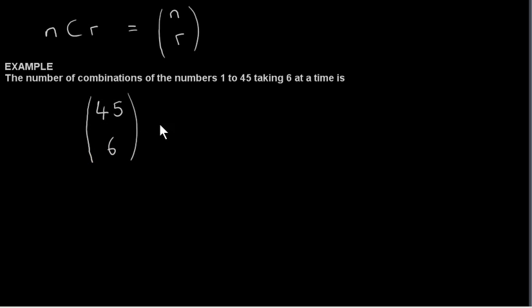In the last video, we calculated the number of permutations of 6 numbers from 45. That was 45Pr, where r is 6. But of course, we did not divide down by the number of ways of arranging 6 numbers, which is 6 factorial.